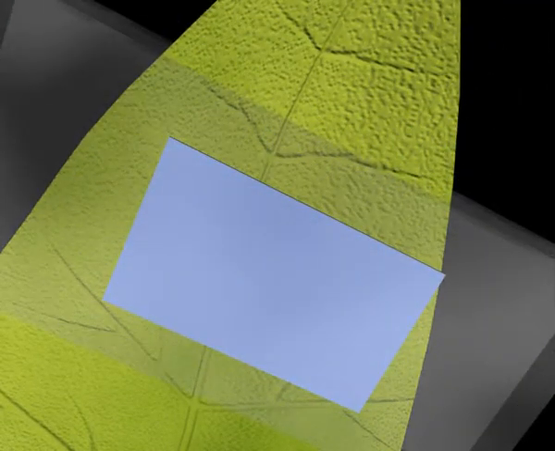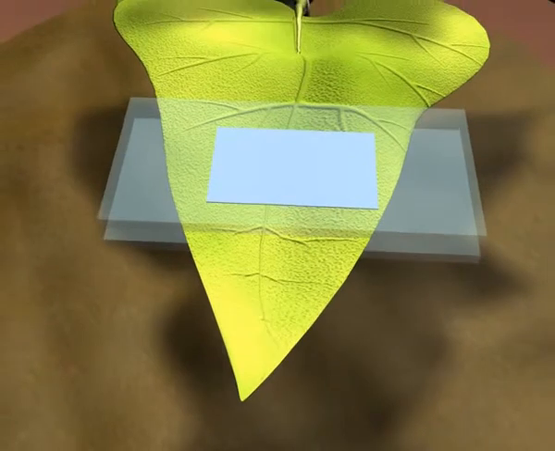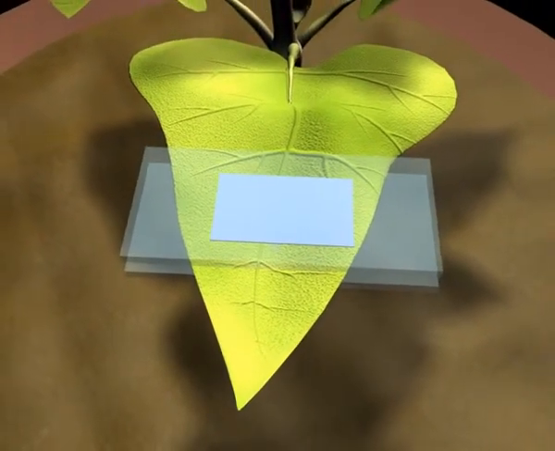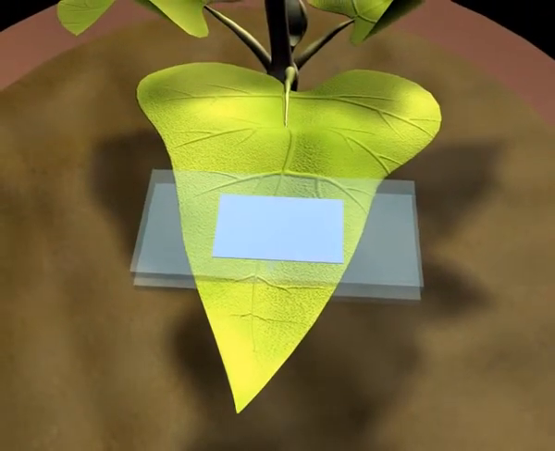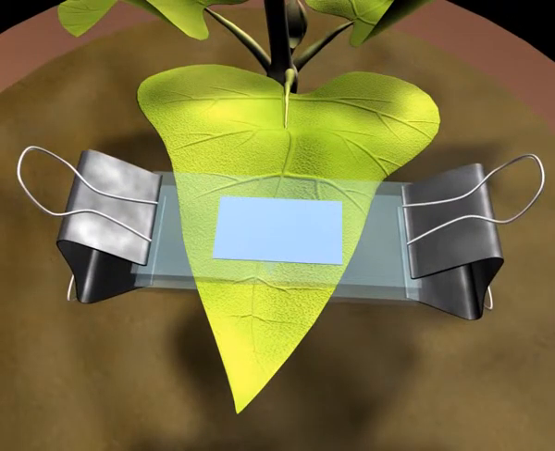Press them close to both the surfaces by using glass slides over both the cobalt chloride papers. Clip the glass slides to make sure that the strips do not move from their place.